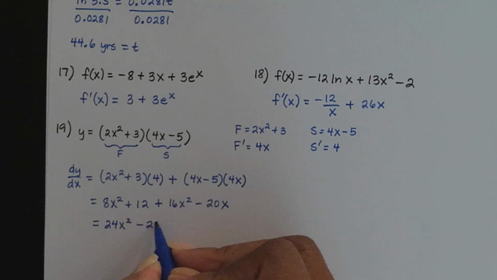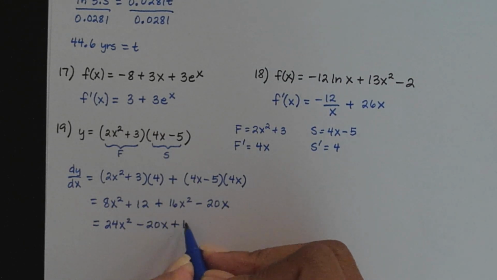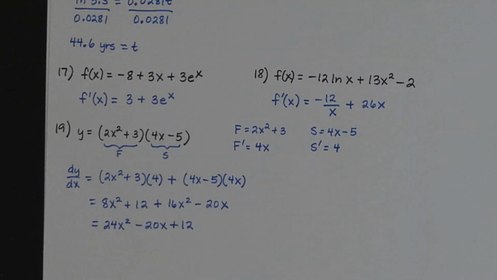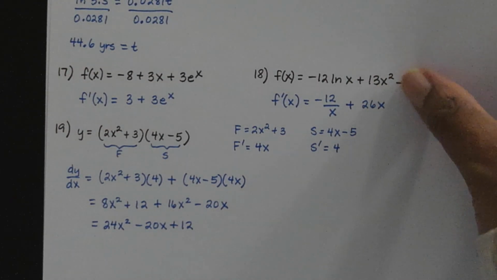Then I'm going to pull down that minus 20x and then plus 12. That would be as far as I'll go with that one. So the derivative of that using the product rule will be 24x squared minus 20x plus 12. Okay. Questions about problem number 19?